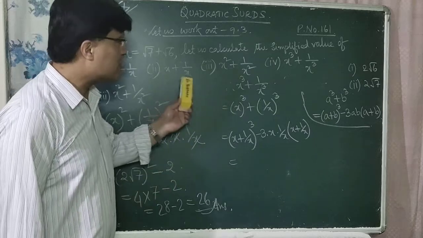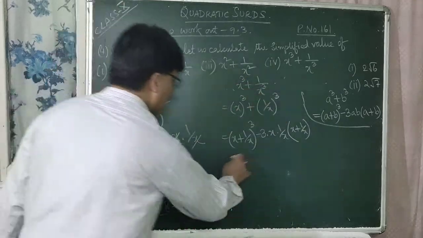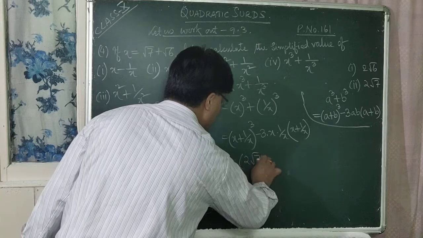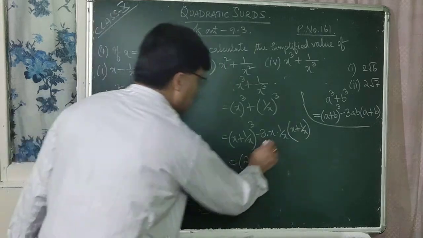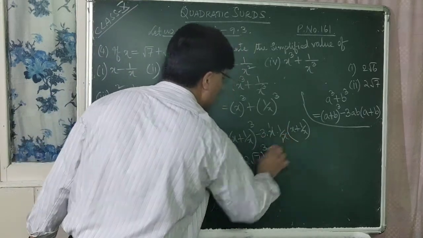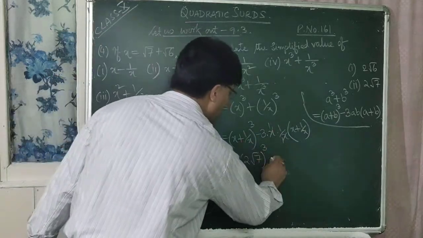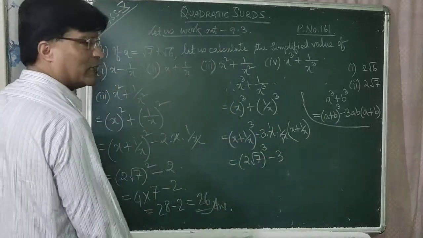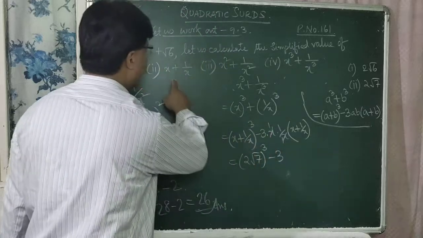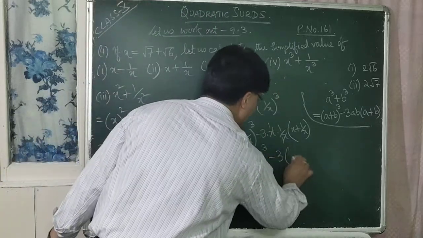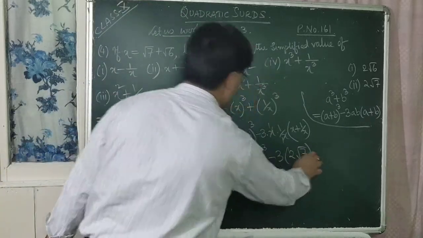We have got it as 2 root 7, isn't it? It is 2 root 7 whole cube. Here x gets cancelled, that is 1 by 1. So minus 3 ones are 3. What is x plus 1 upon x again? It is 2 root 7.